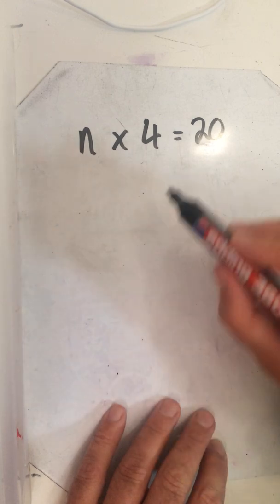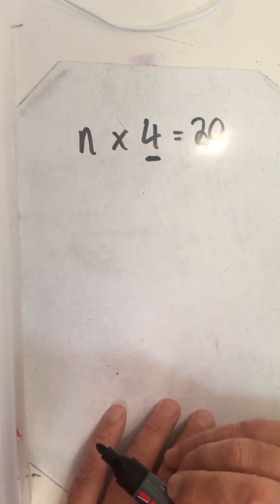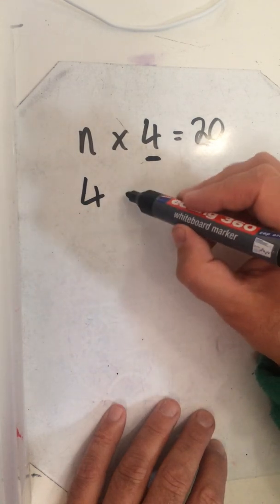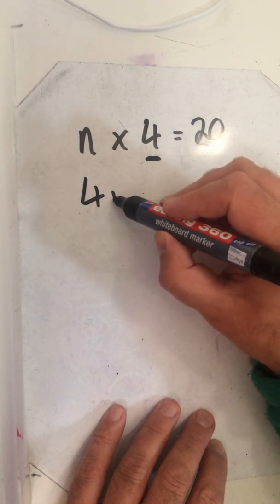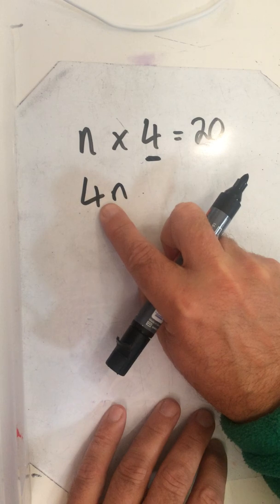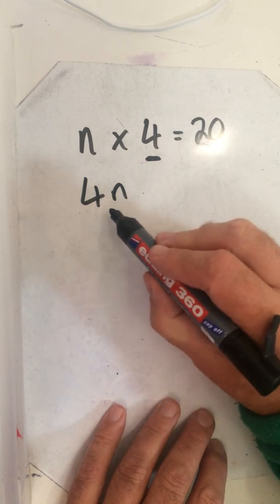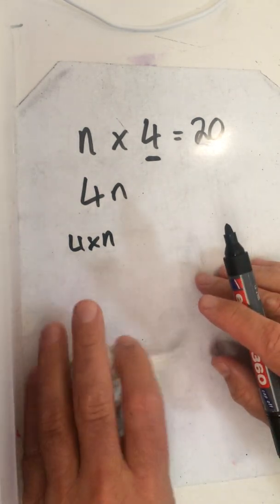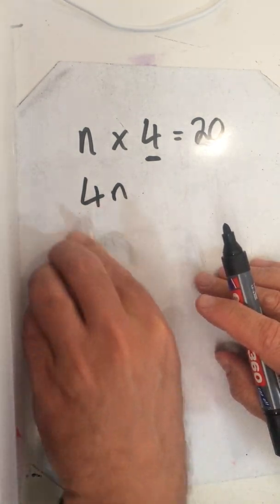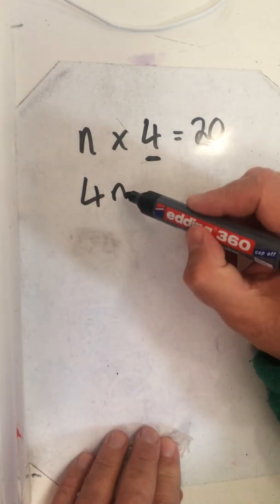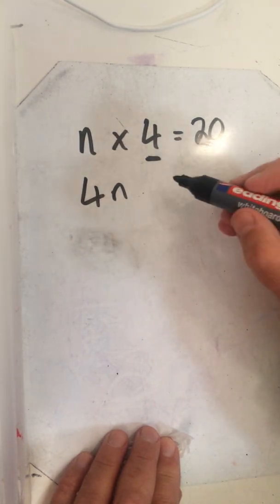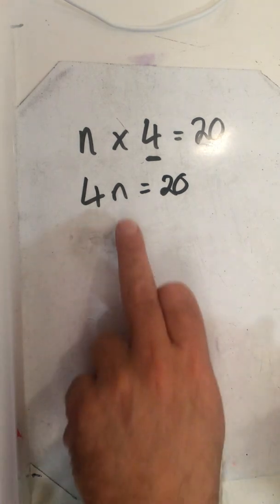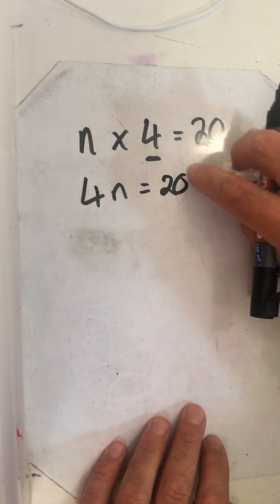What am I going to put first? I'm going to put the number, and after that I'm going to put the letter n, and I'm not going to put a times sign between them, because 4n is always the same as 4 times n, the invisible times sign in algebra. n is just our missing number, and it is equal to 20, so from there we can work out the value of n.